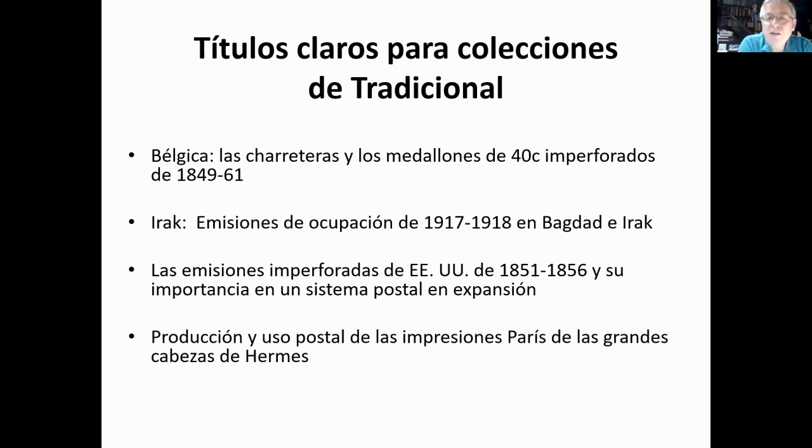It defines that it is addressing only the imperforate issues, but not the first issue of 1847, but rather the series of stamps, the 1, the 3, the 5, the 10, and the 12, issued between 1851 and 1856.